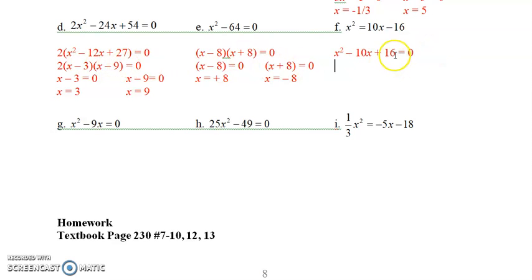Two numbers multiplied together to give me 16, added together to give me negative 10 would be negative 8 and negative 2. That's equal to 0. And then, of course, we set both factors equal to 0.